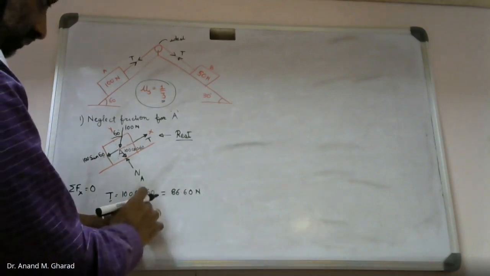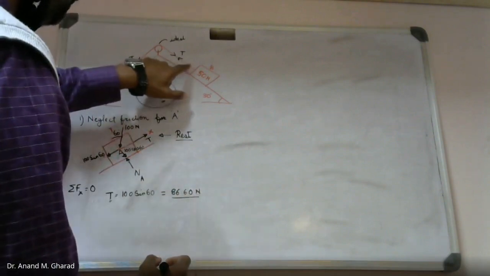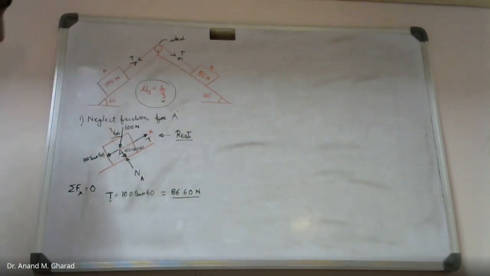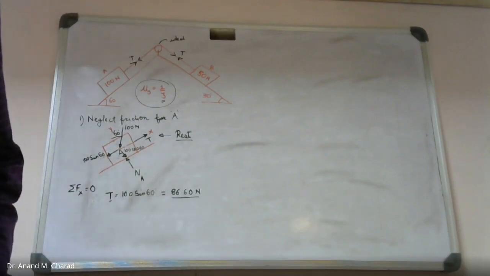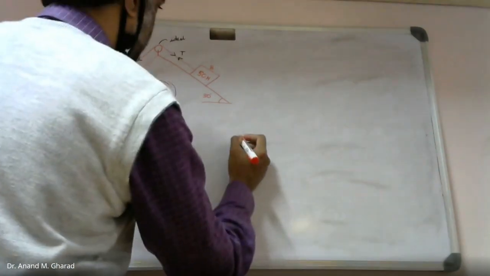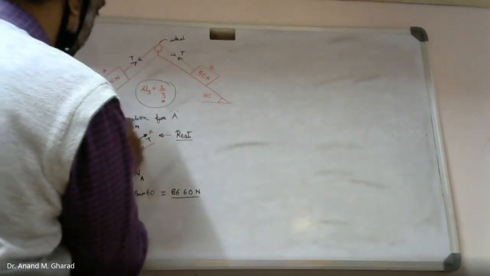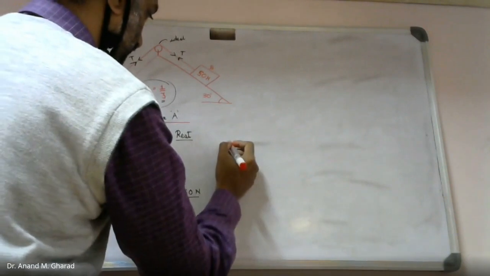Now with respect to this T value, I will now go to block B, right? So again, for block B, see the condition is the same. I have neglected the friction.